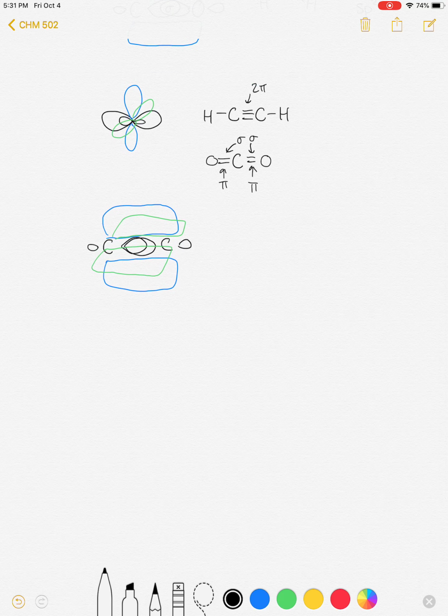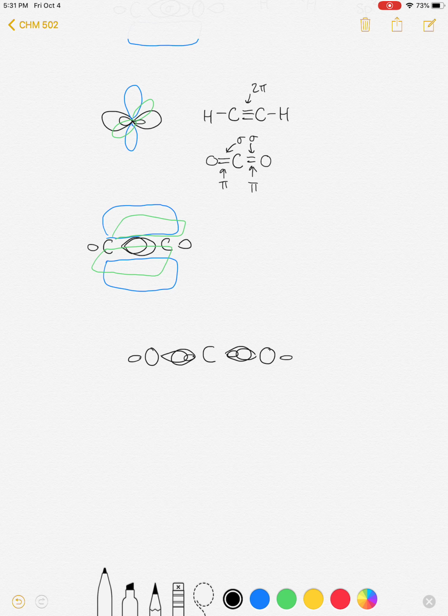What about carbon dioxide? What does that look like? Well, here we have a carbon, and the carbon has 2 sp hybrid orbitals going with oxygen. The oxygen has its corresponding hybrid orbitals.